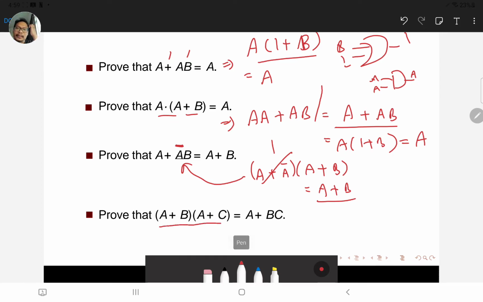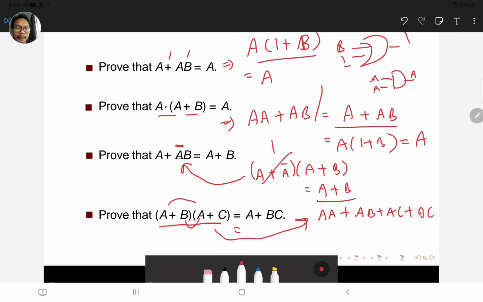(A plus B)(A plus C). Okay, we can expand this. So this is going to be AA plus AB plus AC plus BC.